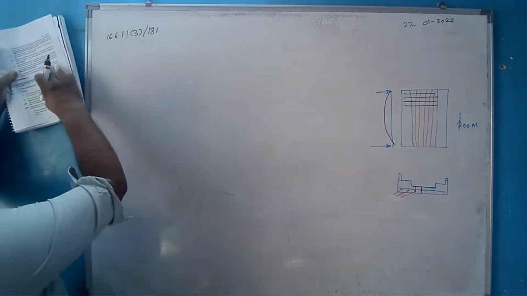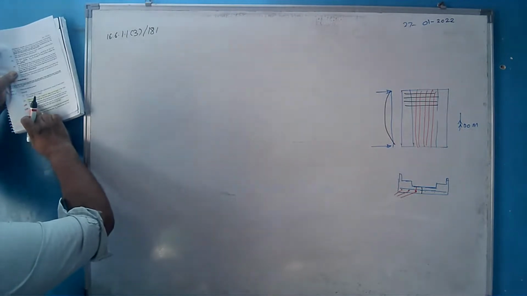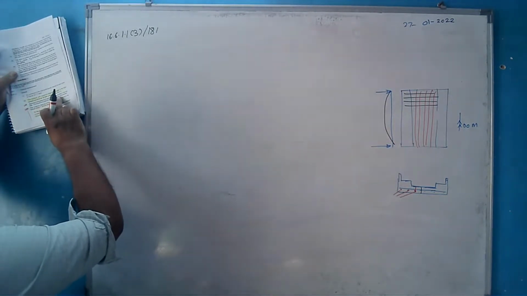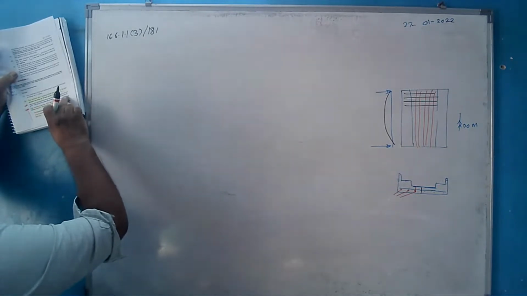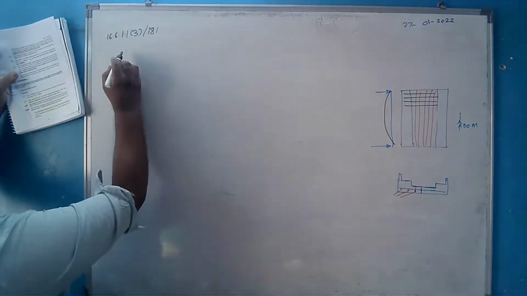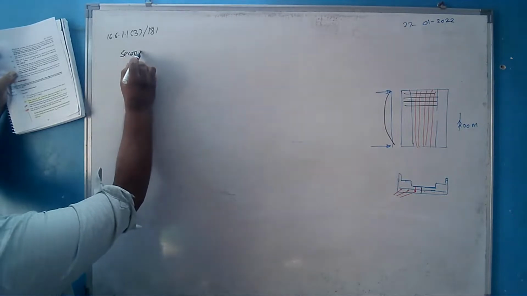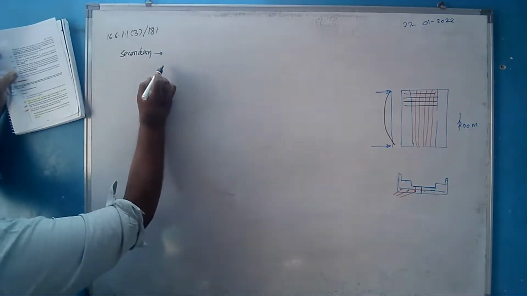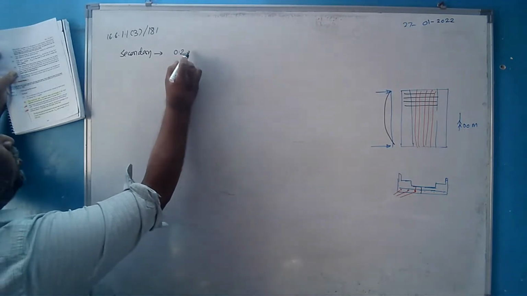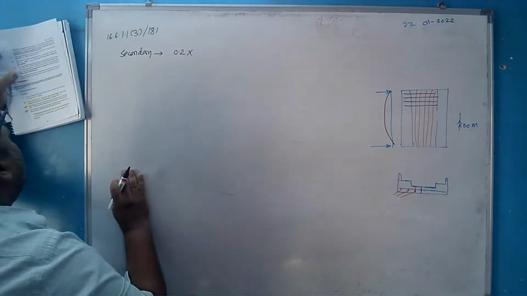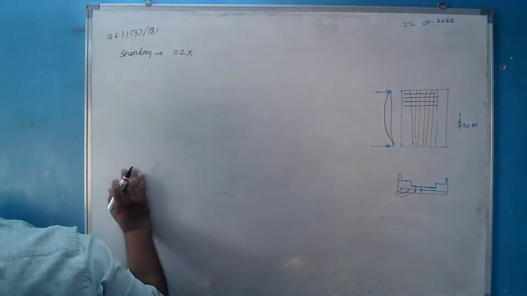This is for the solid slab. Secondary transverse reinforcement shall be provided in one-way slab. This should be at least 20% of the main reinforcement. So, secondary reinforcement, how much must it be? It must be minimum 20%, so 0.2 times of what is the steel which is provided in the main direction?